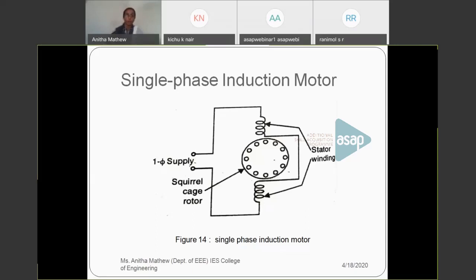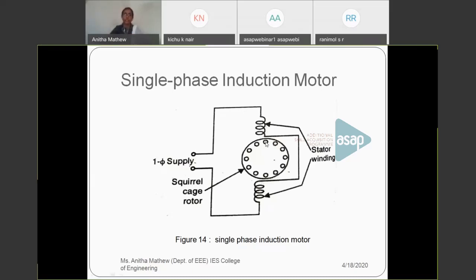It cannot be started by itself; we need an auxiliary arrangement to start this machine. When we give a single phase supply to the stator, what will happen? A flux is produced, but it is pulsating.